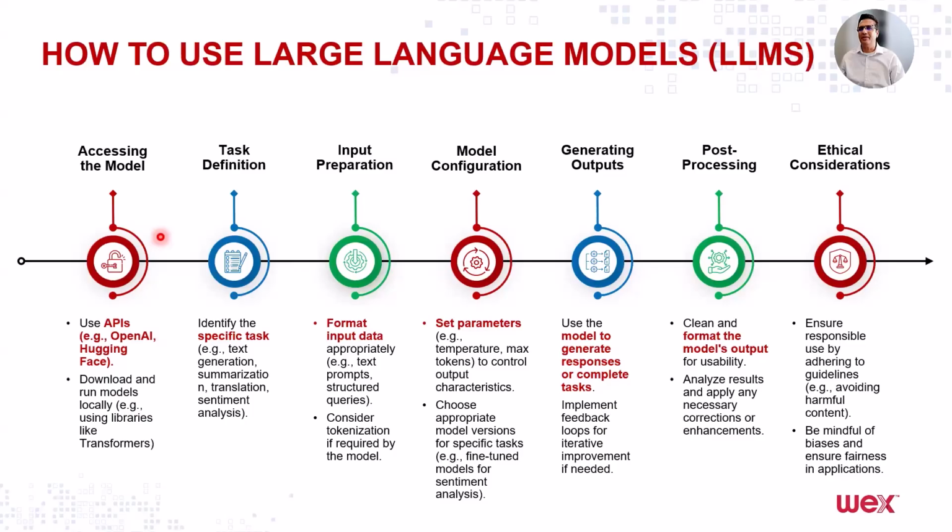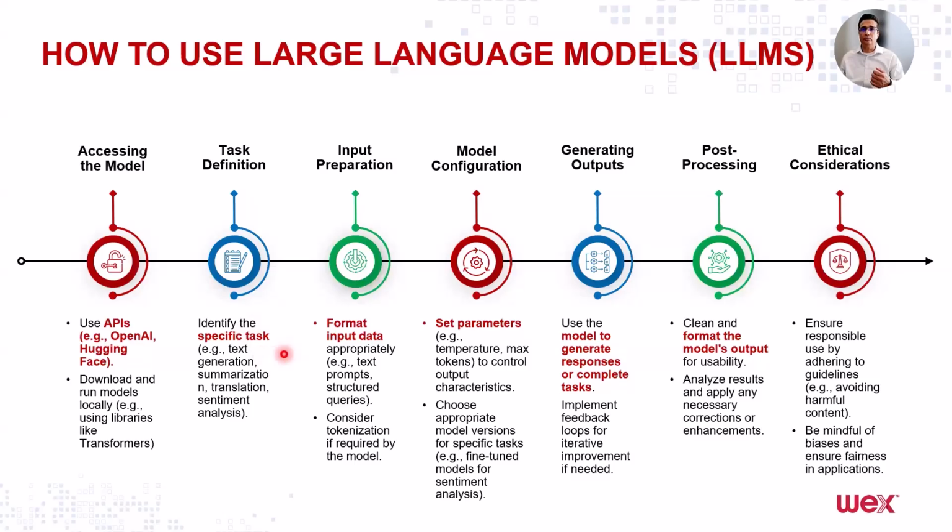You need to probably spend time to learn about OpenAI or Hugging Face transformer models that you want to use. You can download these models and run them locally, but I'm going to make it easy on you to understand how to do it. Once you decide on the model, then you decide which task you are going to code this application for.